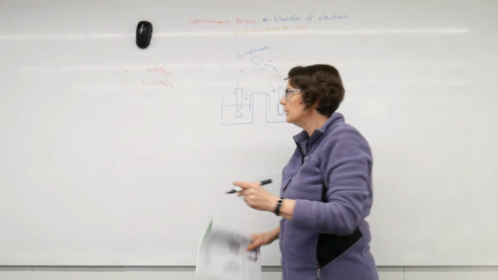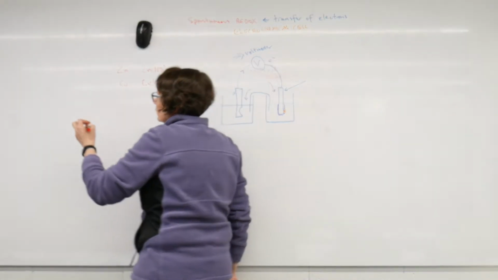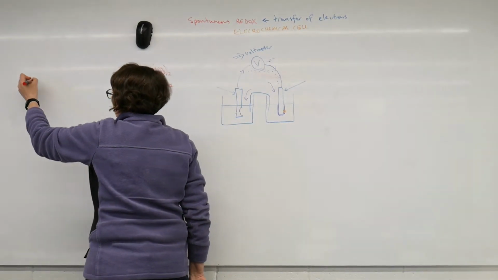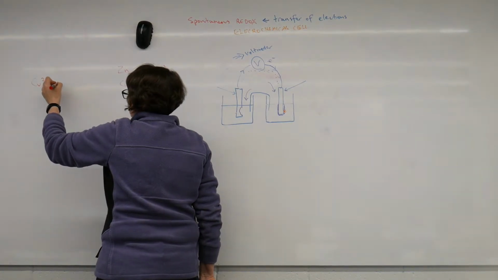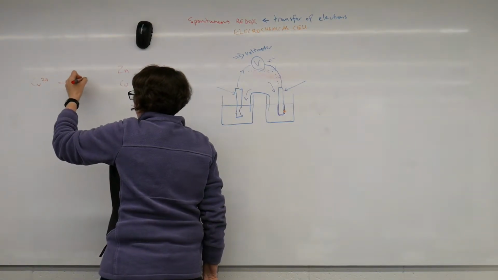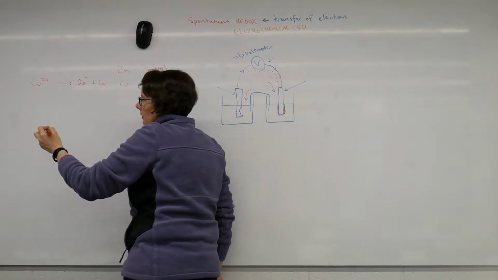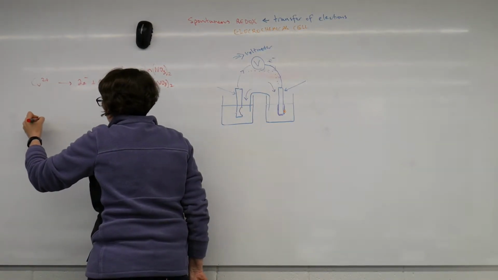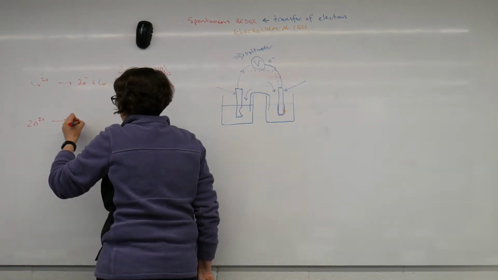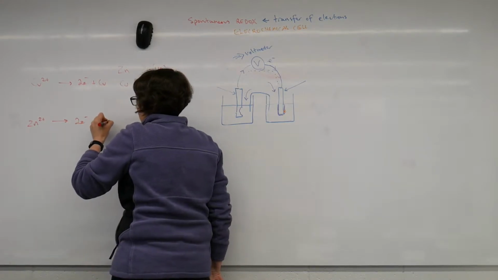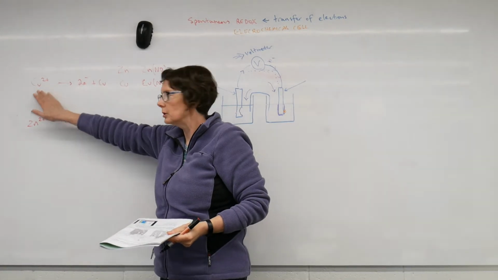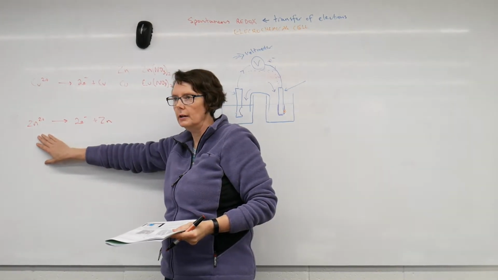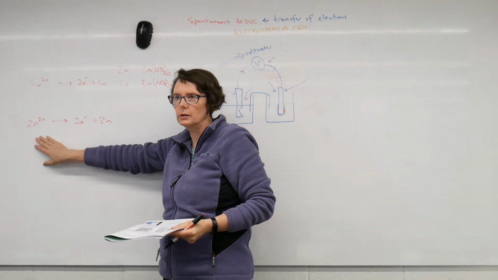Yeah, the zinc is actually oxidized because if we look at where they sit, the copper half equation, the copper Cu2+ ion is a stronger oxidizer than the zinc 2+ ion, isn't it?